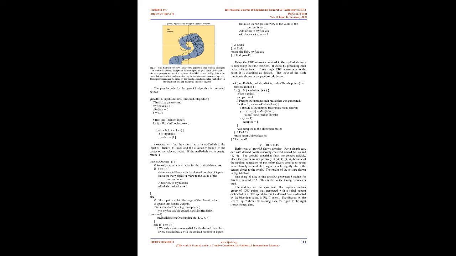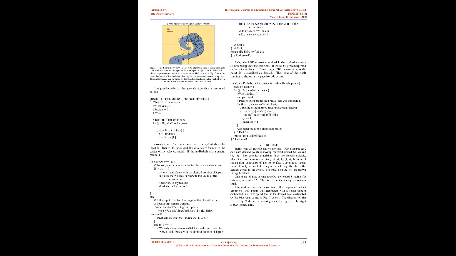GROR3(n, inputs, desired, threshold, n_epochs) // initialize parameters. myradials = n radials = 0. Close1, v = find the closest radial in myradials to the input x, return its index and the distance v from x to the center of the selected radial. If the myradial set is empty, return -1. If close1 equals -1, // we only create a new radial for the desired data class.